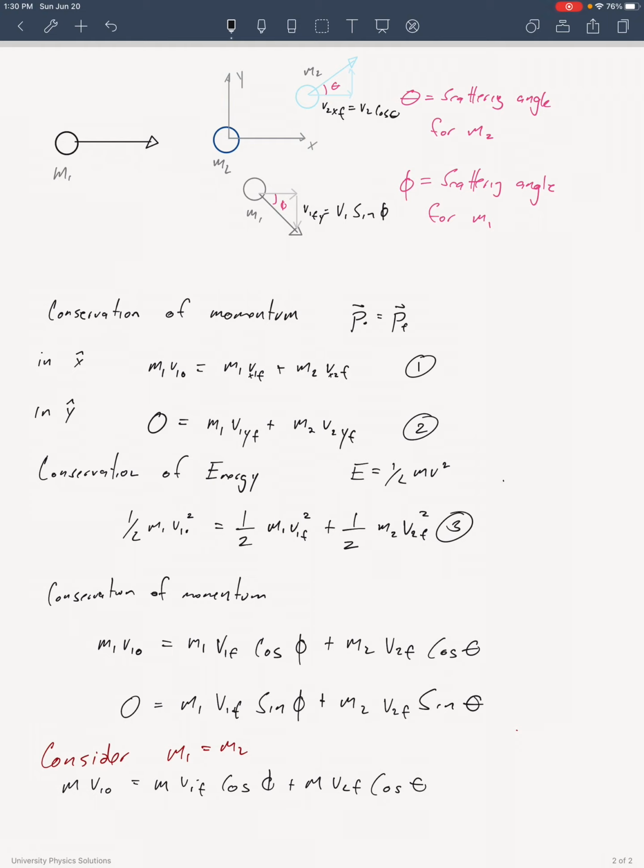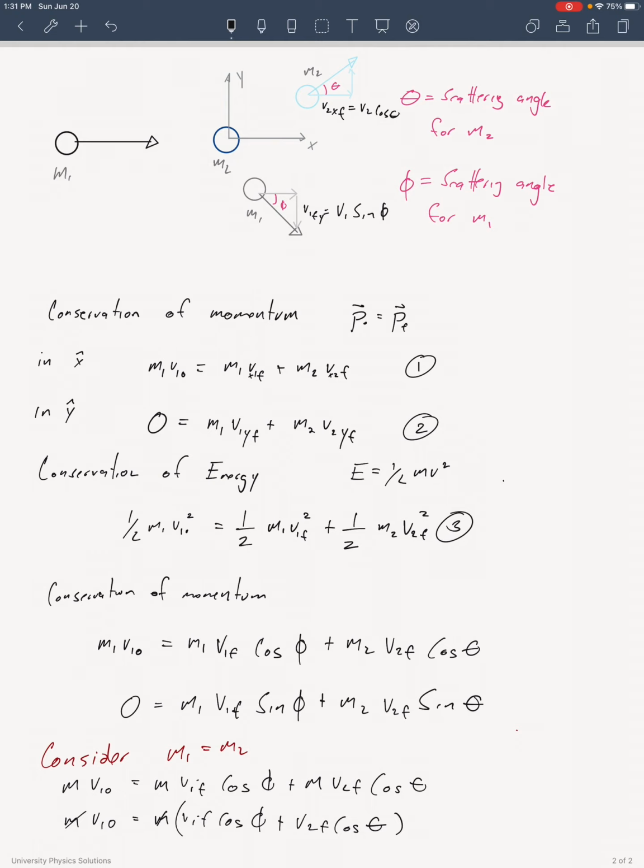So what I could do from here would be to factor out the m. I would simply do something like this: m b10 is equal to m times b1f cosine of phi plus b2f cosine of theta. And then I divide by the mass.